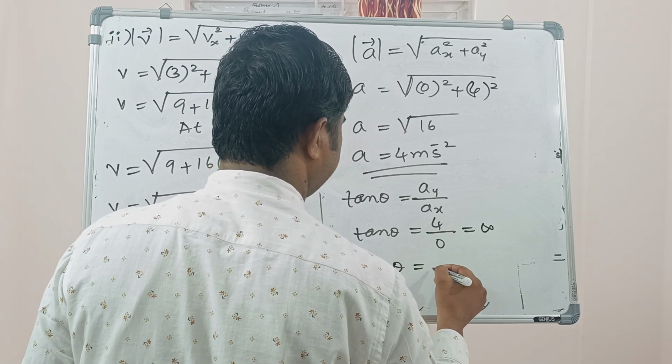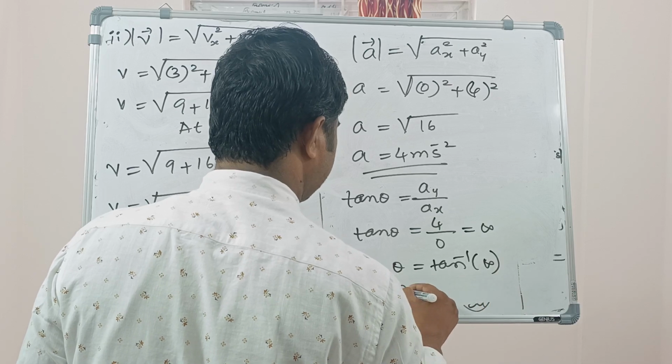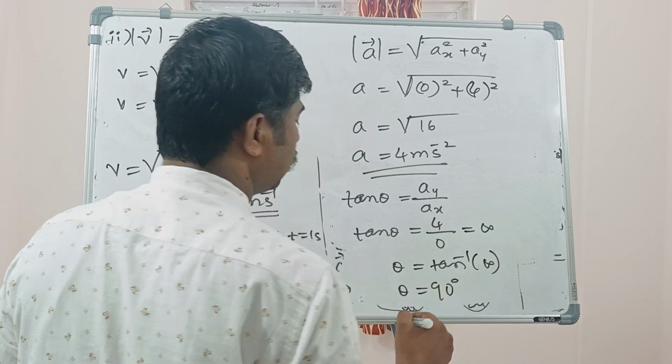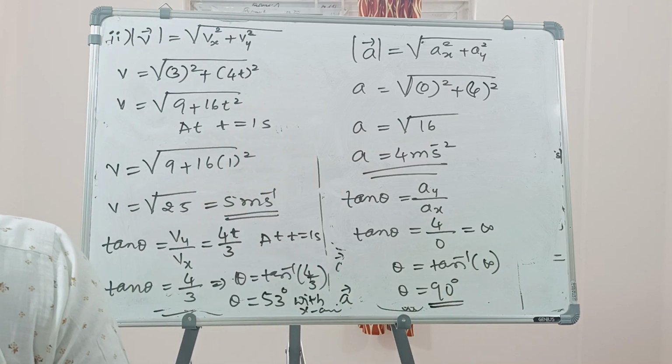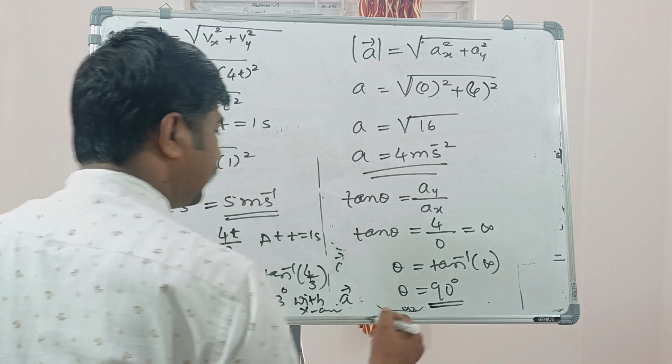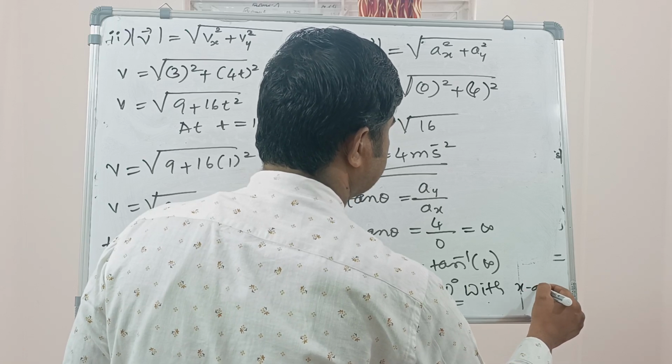Then theta is equal to tan inverse of infinity, so theta is equal to 90 degrees. So tan 90 degree value is infinity. Got it? So this is 90 degrees with the x-axis. Clear?